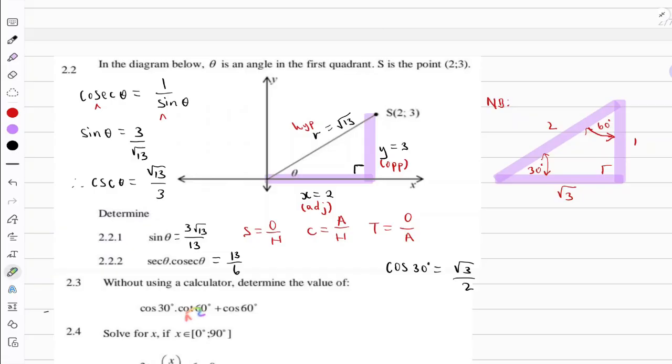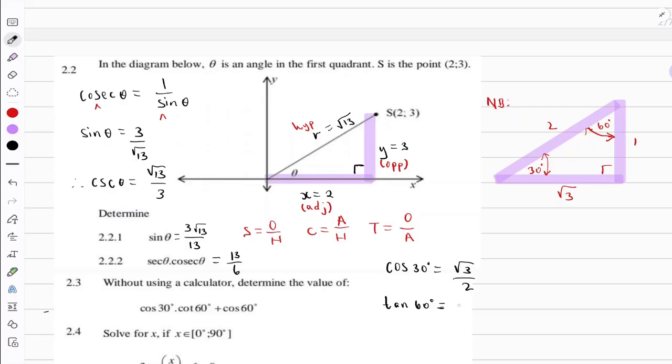So cot theta is the reciprocal of tan theta. So we need to find tan theta in order to find cot theta. So tan of 60 degrees is equal to opposite over adjacent.